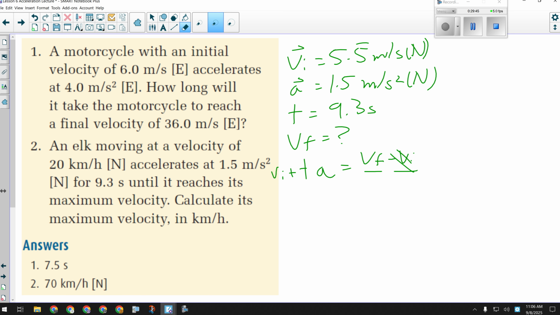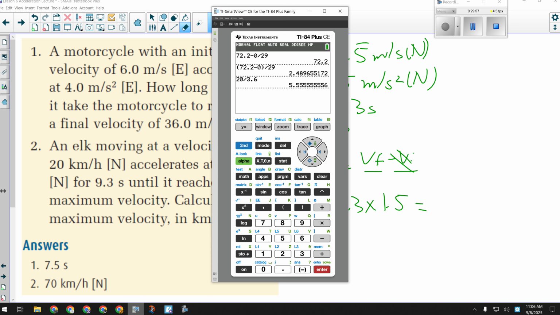Okay, now I just plug in my numbers. 5.5 plus 9.3 times 1.5. So I'm going to take that number that I already have and add it to 9.3 times 1.5. This one I can just write all in a row because I want it to do the multiplication first.